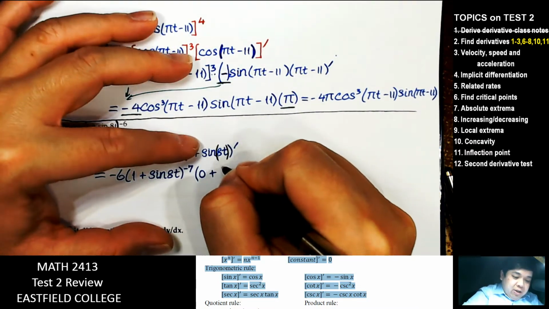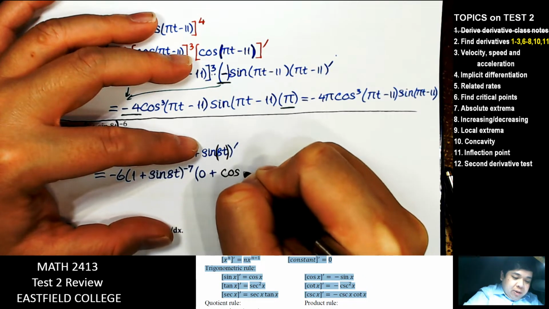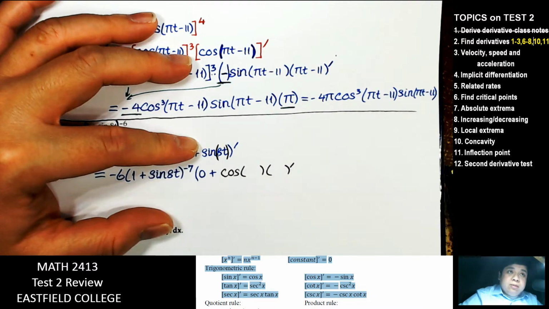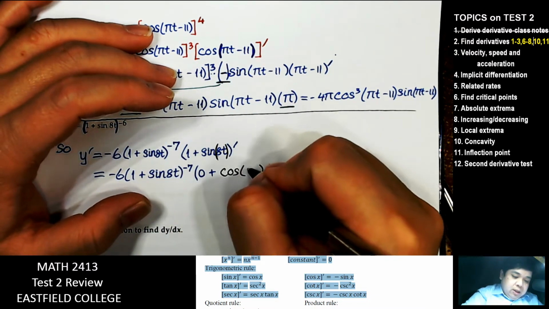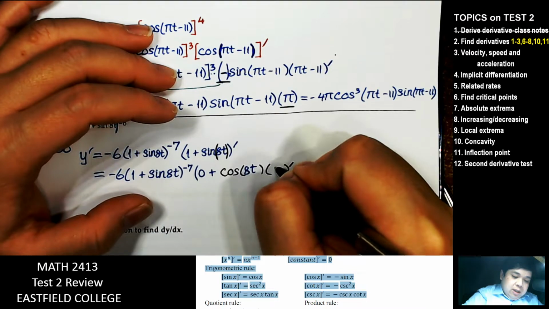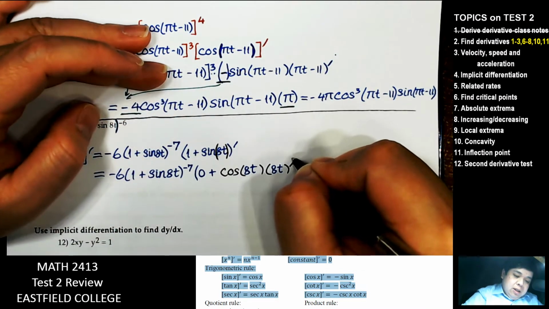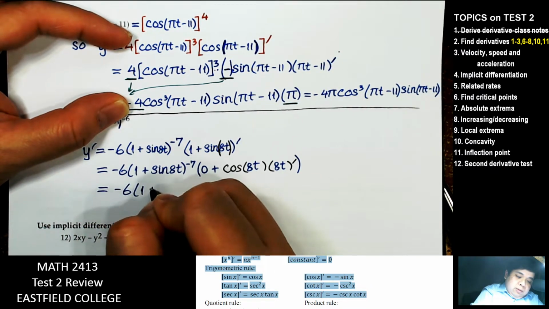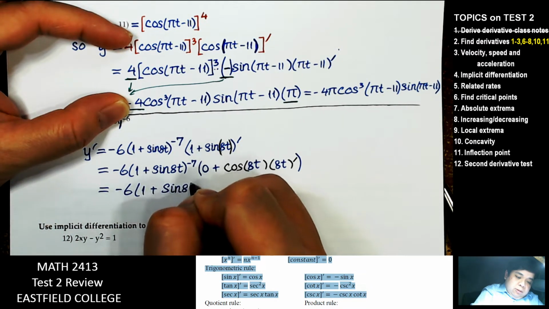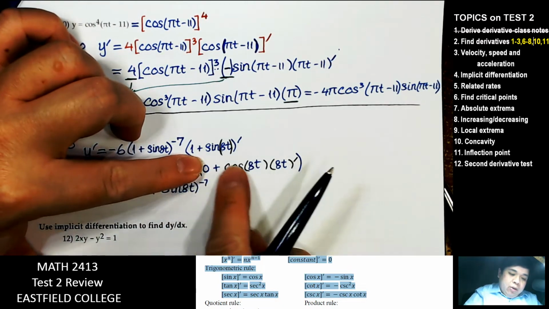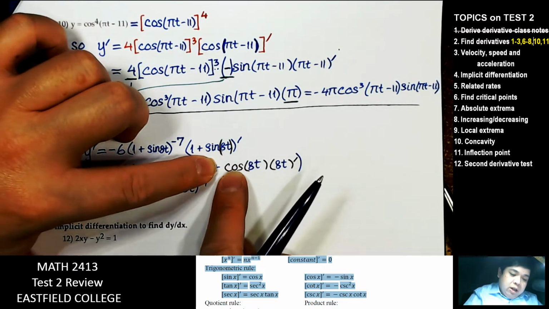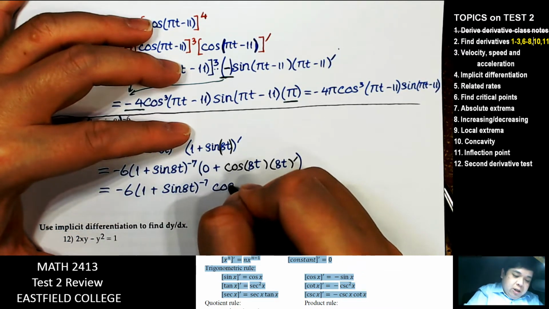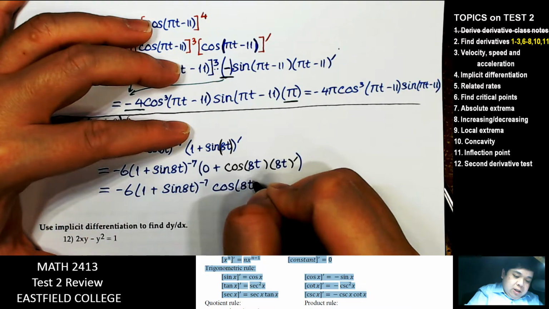So we have to have cosine of the parentheses and then the derivative of the parentheses, at. In this one we only see the derivative of at is 8, so we have cosine of at times 8.